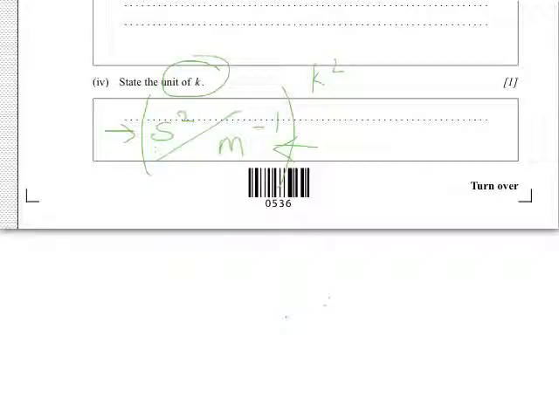So if we square root both of those, we're left with seconds divided by meters to the minus a half. And because we're dividing by a minus a half, this actually becomes linear. So you end up with seconds times m to the plus half. Okay, so seconds meters to the power of a half.